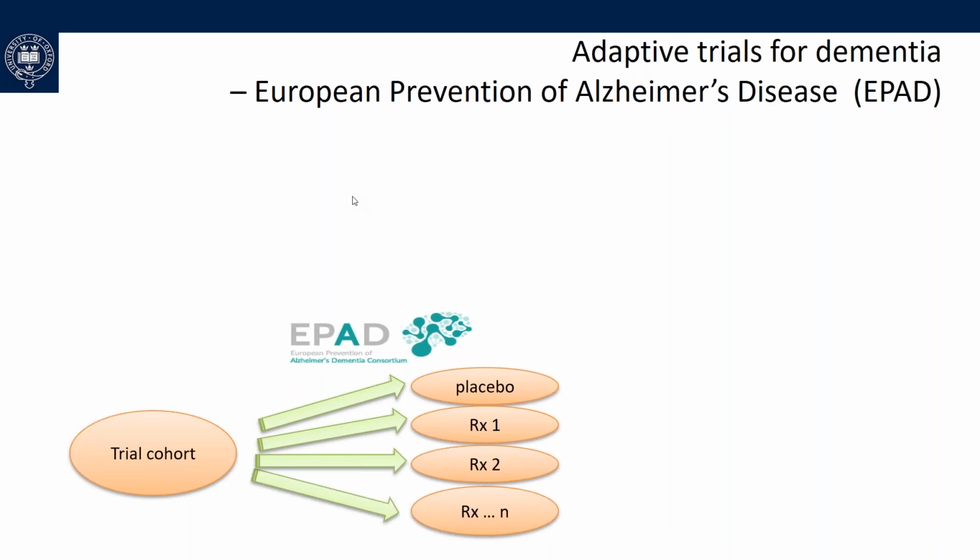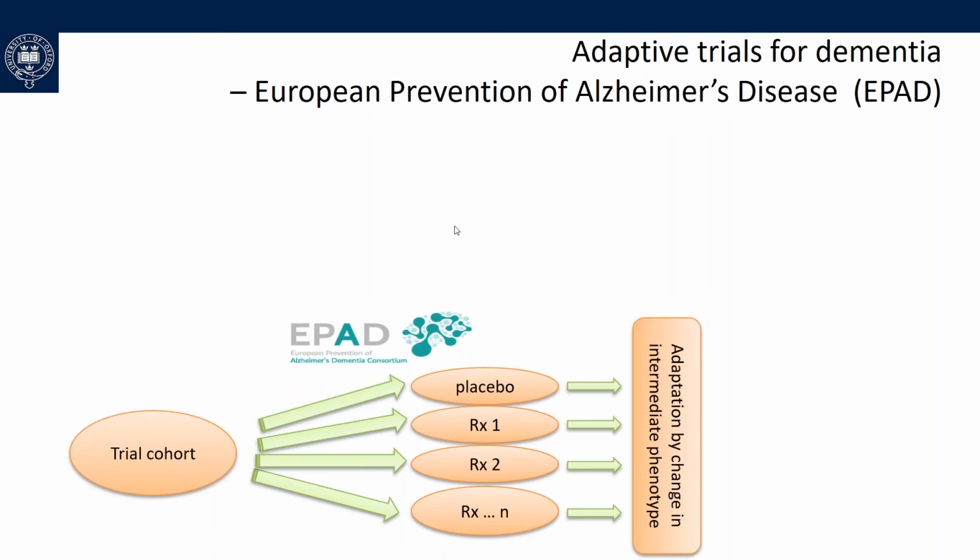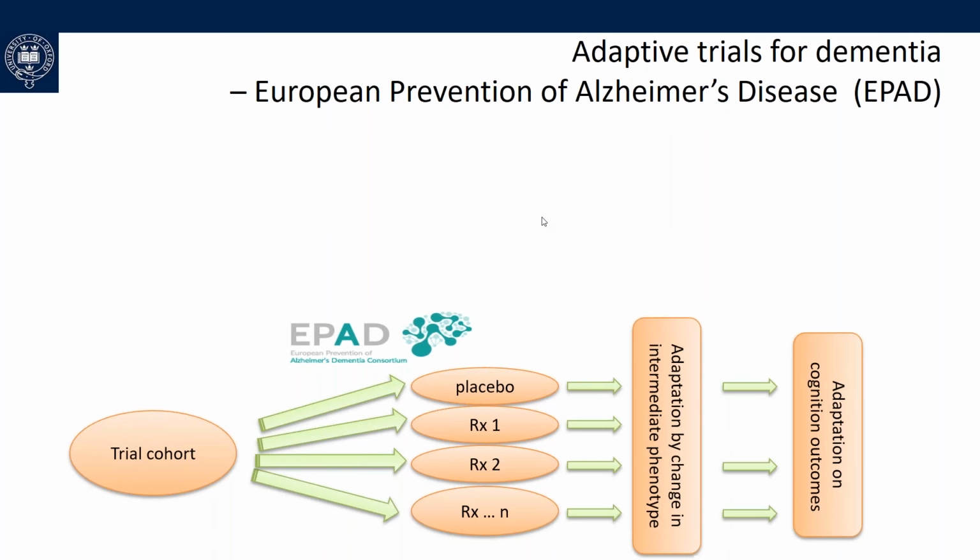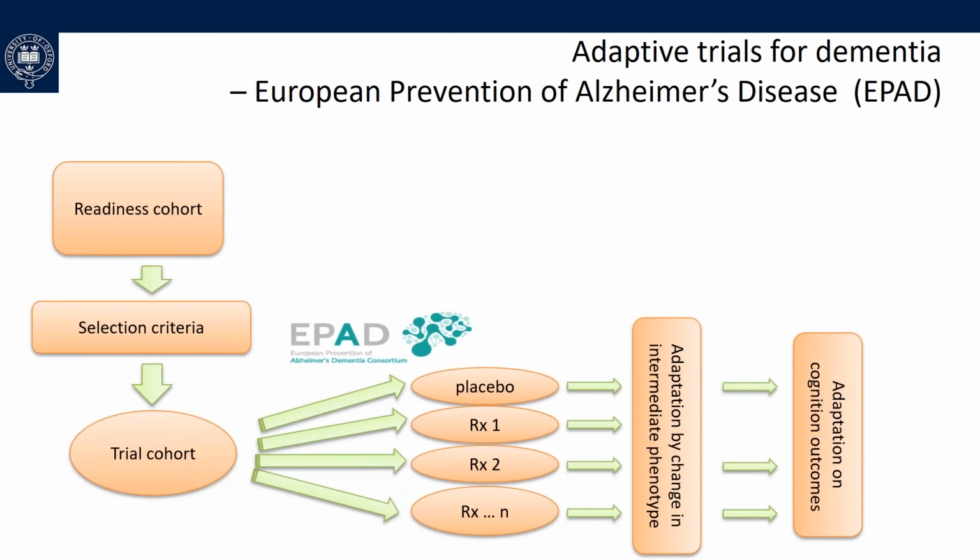This is just to explain about an adaptive trial process. I'm not going to go over this for you because as EPADistas, you understand very well what an adaptive trial is. But just to point out that in EPAD, we are in effect doing a big data analysis study, because an adaptive trial is a complex process.